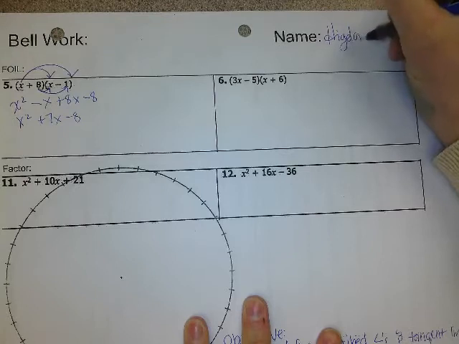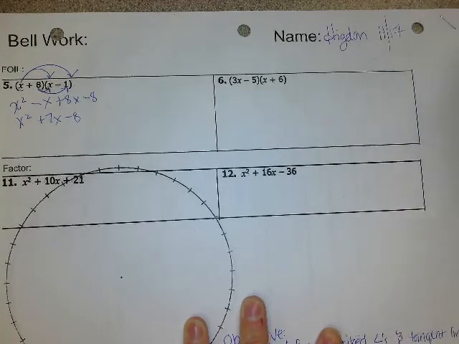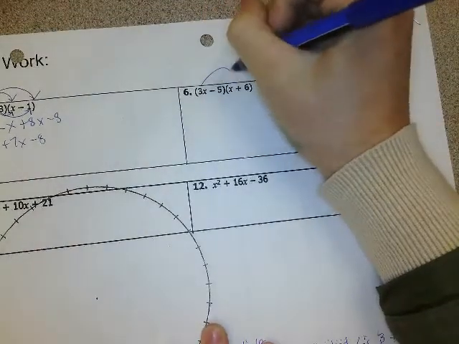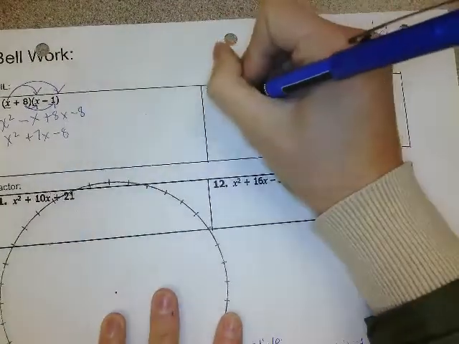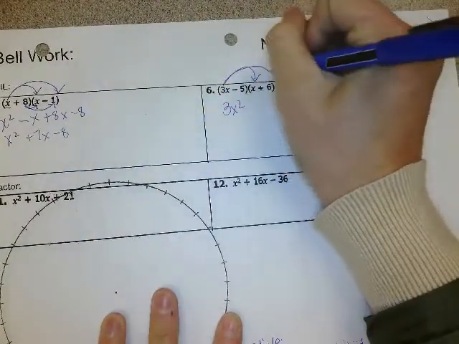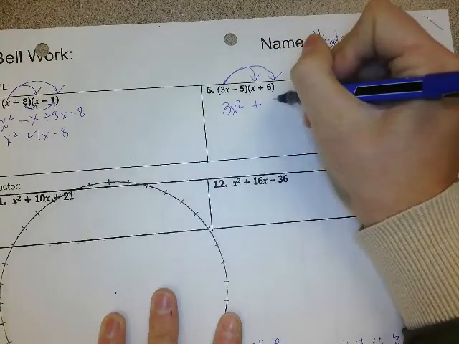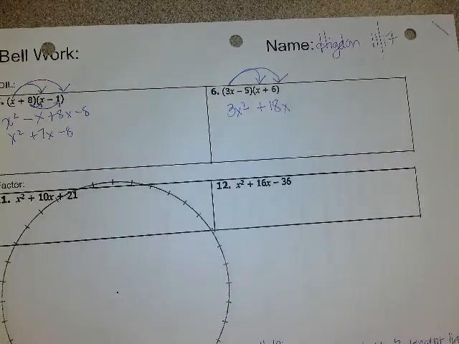Next: 3x times x, 3x squared. 3x times 6 is 18x.